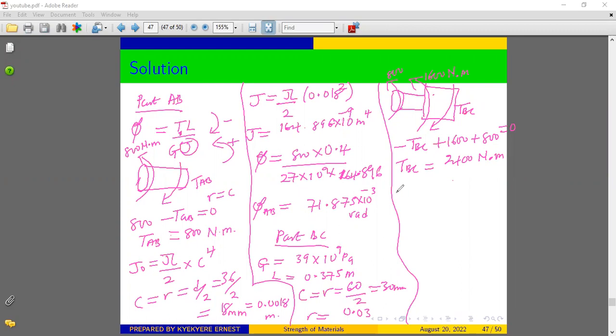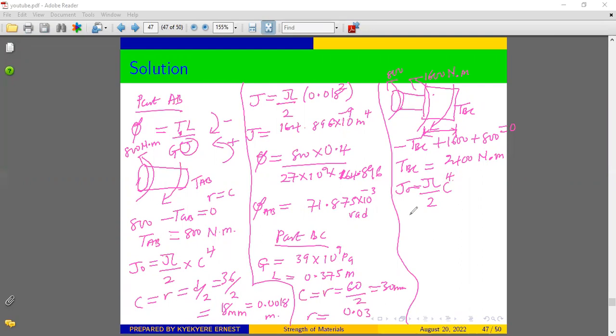Then from there, we can also calculate our polar moment of inertia. And our polar moment of inertia, as we know, the formula is pi on 2. For this side, that section from this point to that point is a solid section. So the formula will be C raised to the power 4.